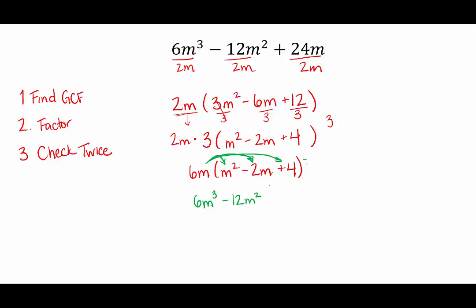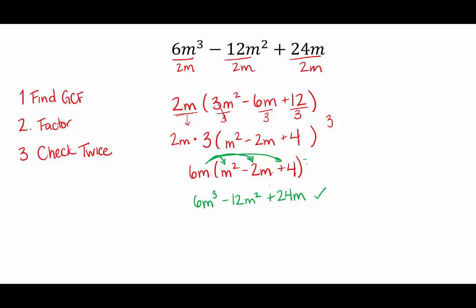And 6m times 4 is 24m. Does that match my original? Yes, it does. So again, we can have confidence that we factored correctly.